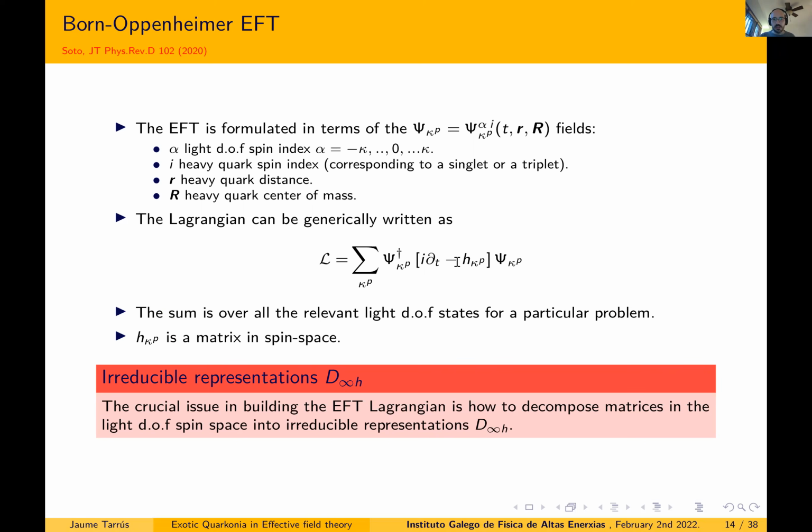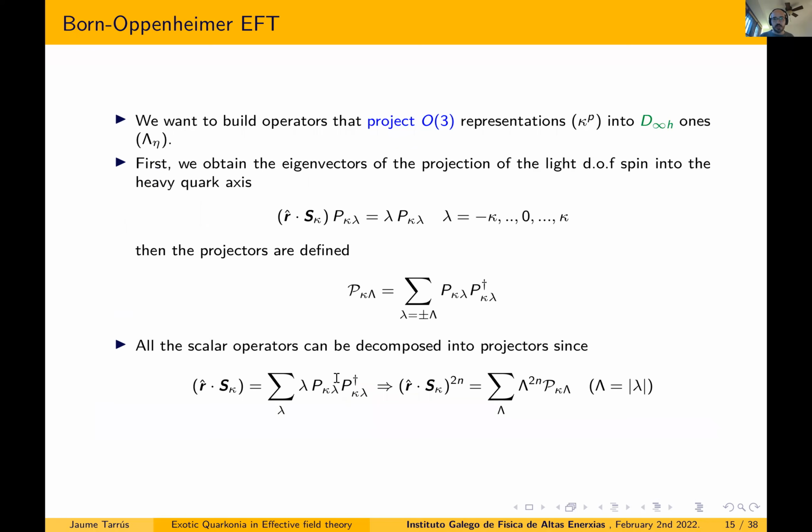Here what we need to know is how to build operators in irreducible representations of the cylindrical symmetry group. What we do is look for some projectors that act onto operators in all the representations and project them into these infinity-h representations.